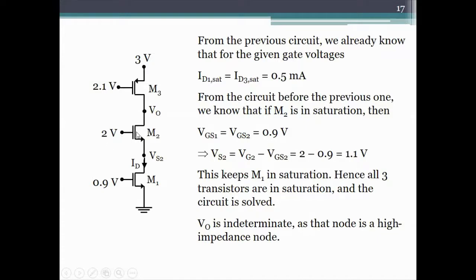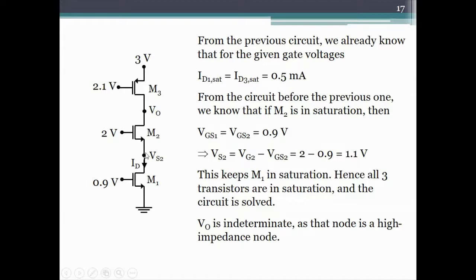Now, from the circuit before this one, which was in the last lecture, M1 and M2 are identical transistors. They are carrying the same current. Therefore, their gate source voltages are also equal. In fact, we had solved this circuit with M1, M2 last time. So the source voltage is 2 minus 0.9, which is 1.1 volt.